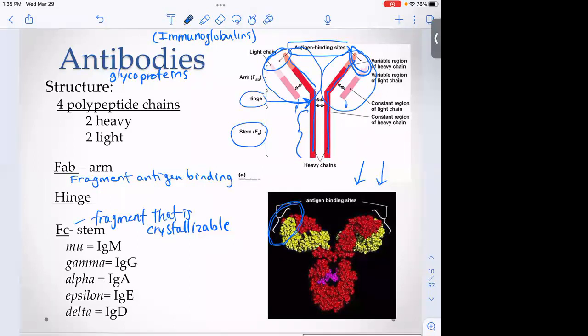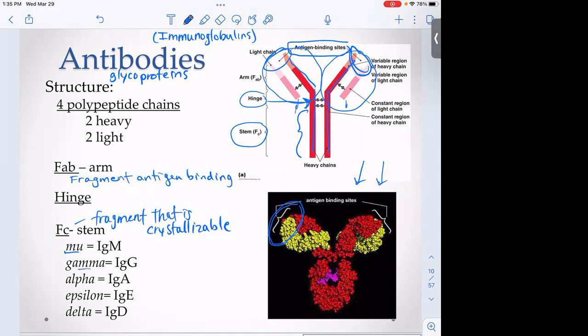If you look at the gene fragment in the chromosome where the information to make the antibodies comes from, there are actually five different segments of that gene. One's the mu region. We name those with Greek letters, and you italicize gene segments.